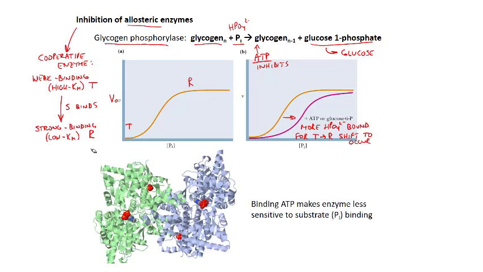So that's the structure of the enzyme. It's got 4 active sites in it. And the idea here is that binding ATP makes the enzyme less sensitive to substrate.